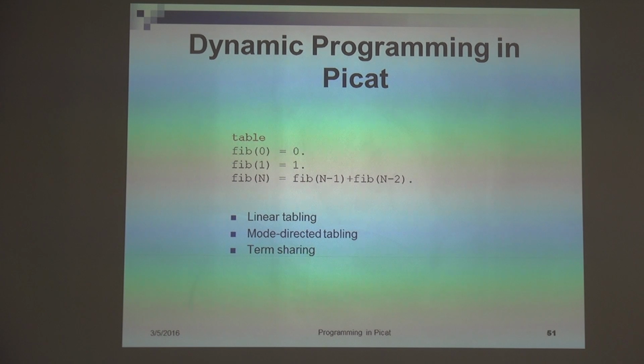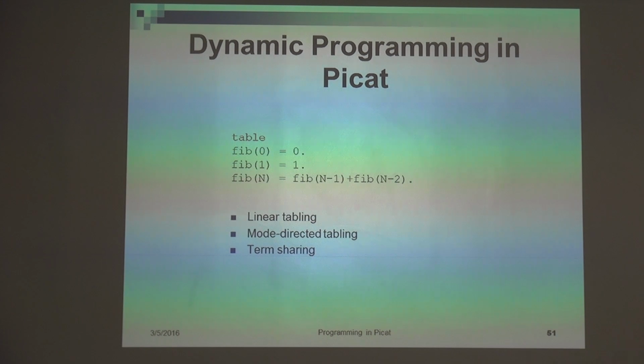Then everything will be tabled. All function calls will be tabled, and all intermediate answers will be tabled. When the system sees a function call that has been computed before, it just retrieves the answer from the table. Then the program takes only linear time.